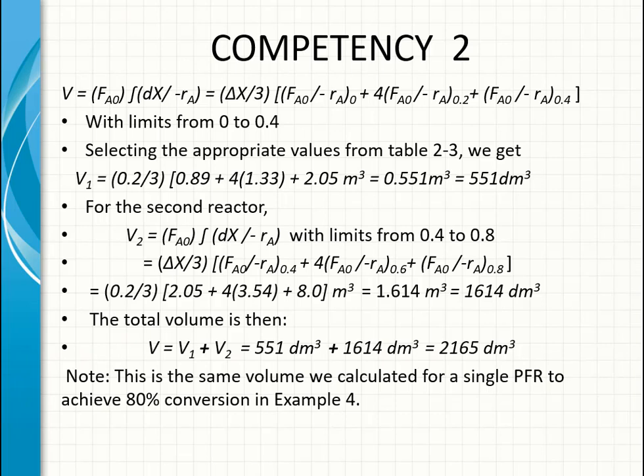And for the second reactor, V2 is going to be FA0 times the integral of dx divided by minus RA, but now the limits are going to be from 0.4 to 0.8, because that's the final conversion that we want.